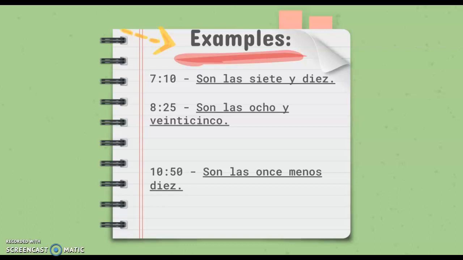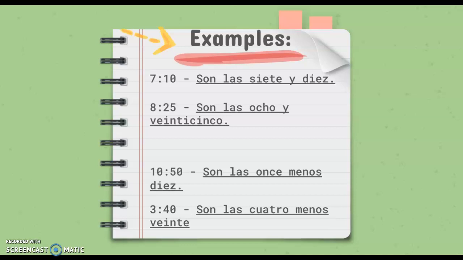Another example is 3:40. So I am going to look at my next hour. So if it is 3 o'clock, the next hour would be 4 o'clock. So I'm going to say son las 4 menos, and then I need to think to myself, how many minutes from 40 until the next hour?